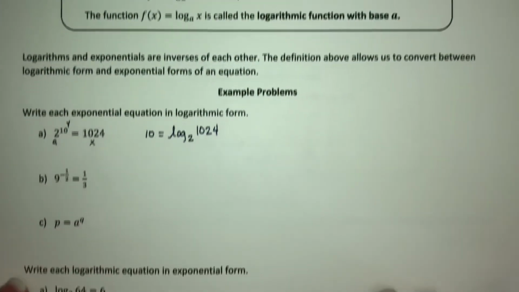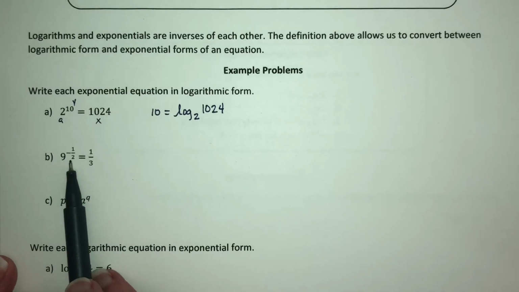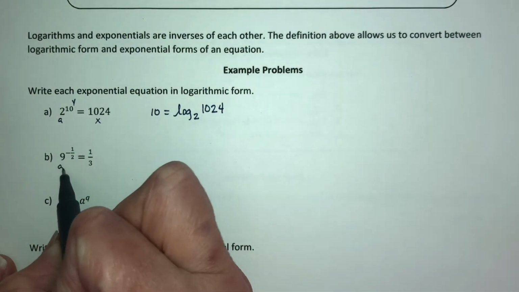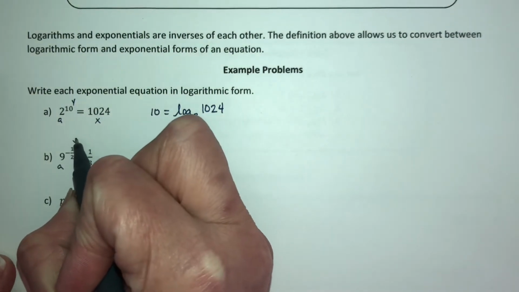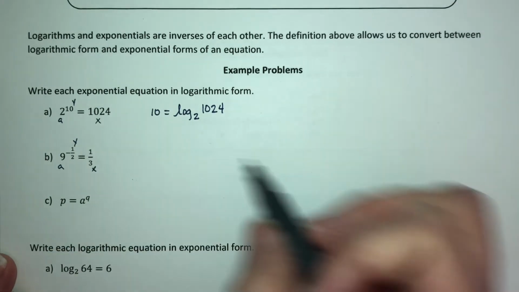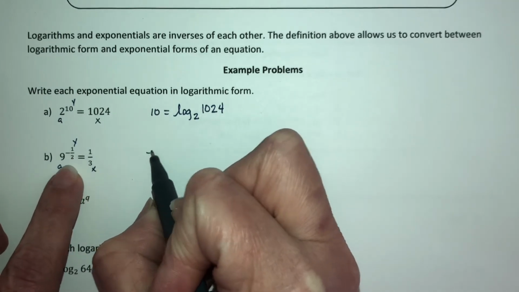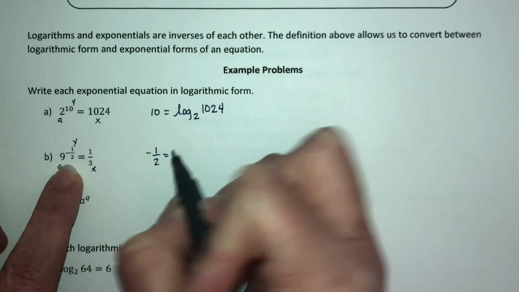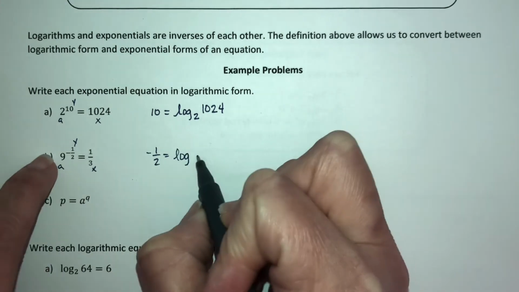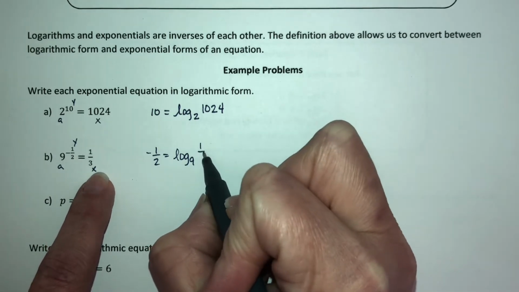Okay, now let's go on here, and I want to convert 9 to the negative 1/2 is equal to 1/3. 9 is your a, negative 1/2 will be your y, and 1/3 is your x. So we have y equals, so negative 1/2 equals log base a, and a is 9, of x, which is 1/3.